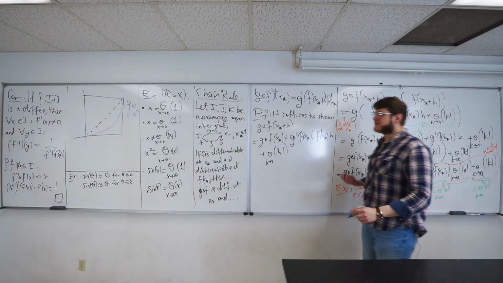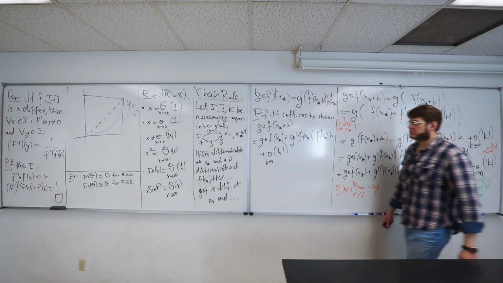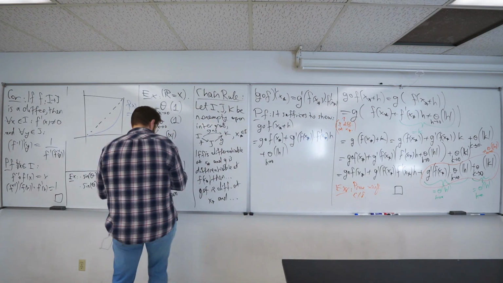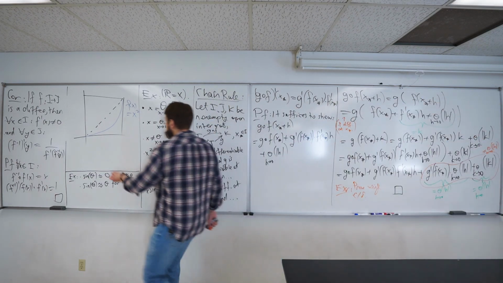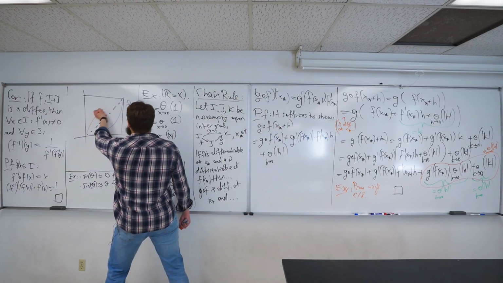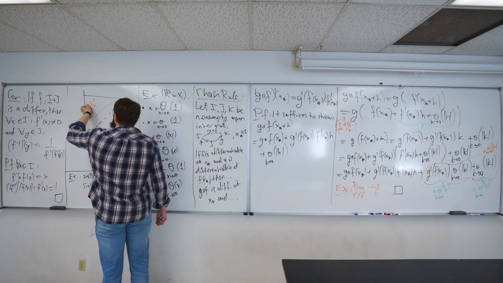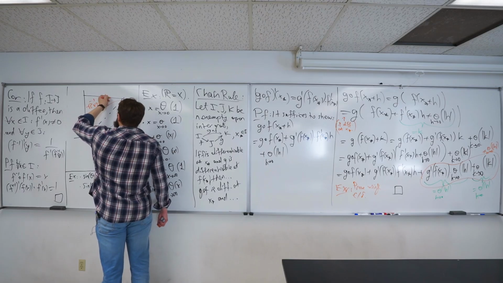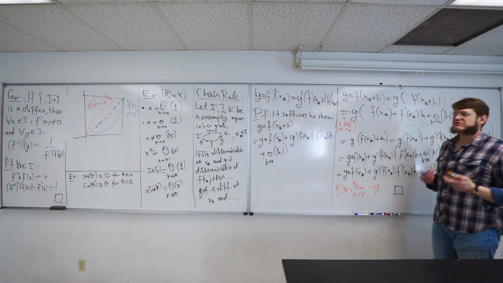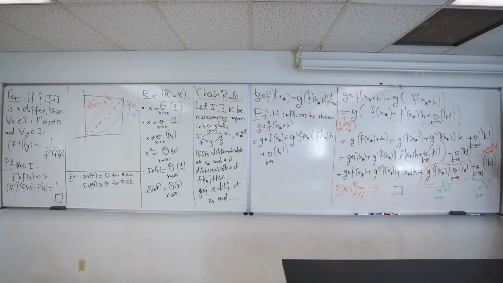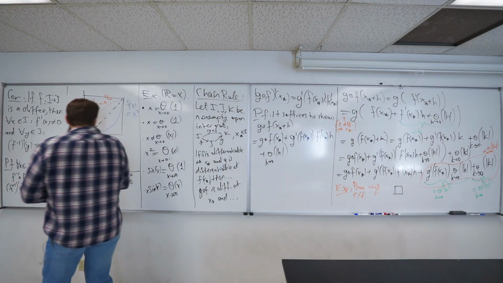Its functional inverse, of course, is x to the 1 over 2. Something like this. So this is f inverse, x to the 1 over 2. I'm not talking about the reciprocal. I'm not saying it is 1 over x squared. It's the functional inverse.